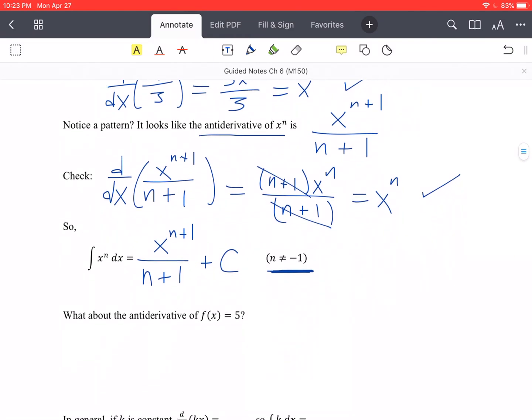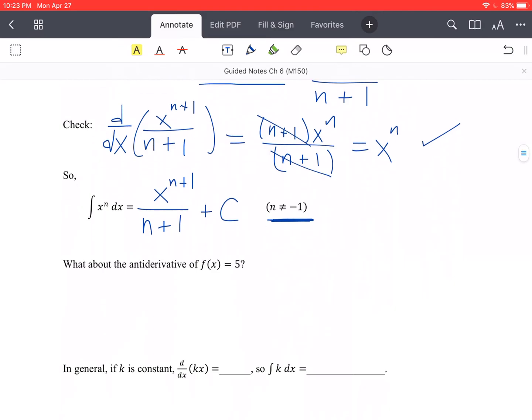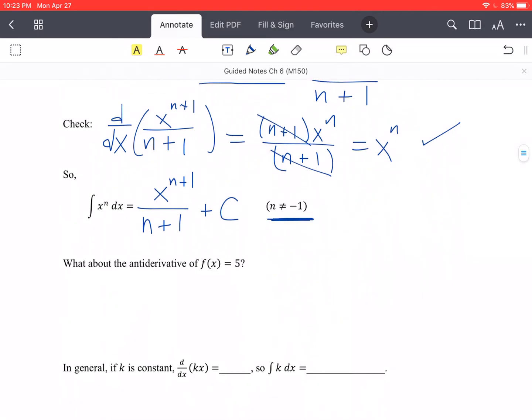So what about a different type of function? What about the antiderivative of f of x equals 5? Just some constant function. So think about this kind of backwards. Think I had a function and I took its derivative, and its derivative gave me 5. What must that original function have been in order for that to happen?